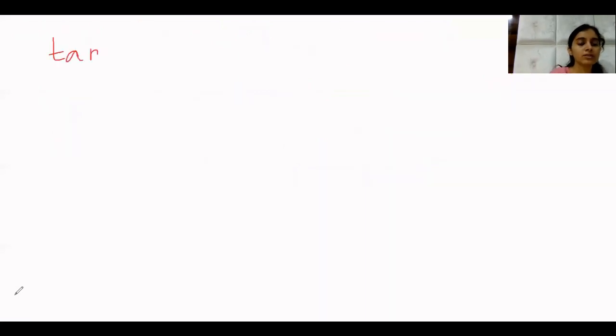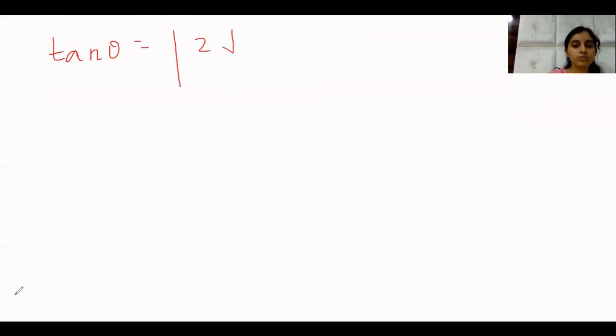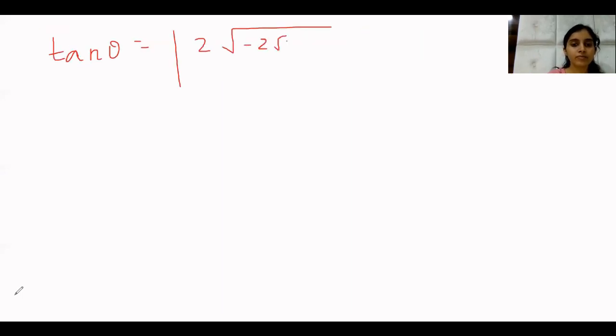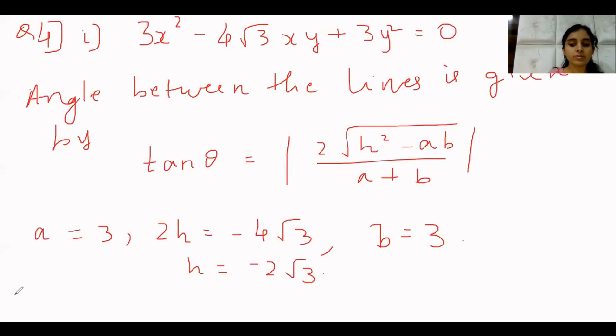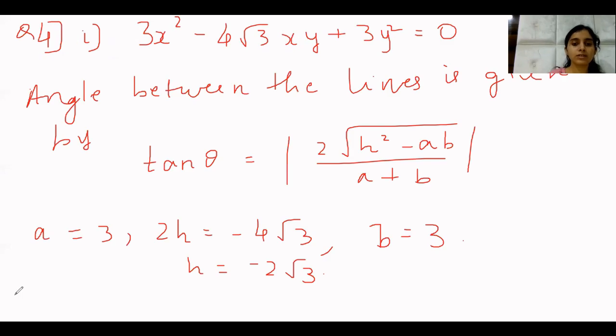So tan theta is equal to 2 root of h square minus ab. What is h square? It is minus 2 root 3 square, minus ab, so minus 3 into 3, 9, divided by a plus b, that is 6.